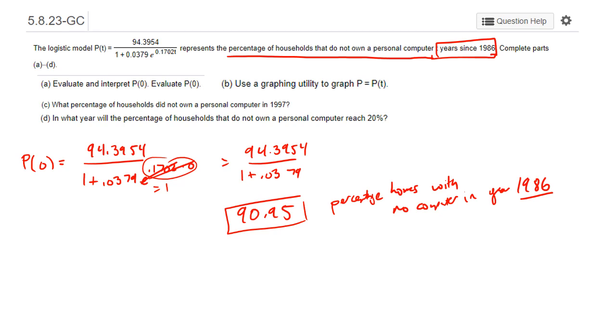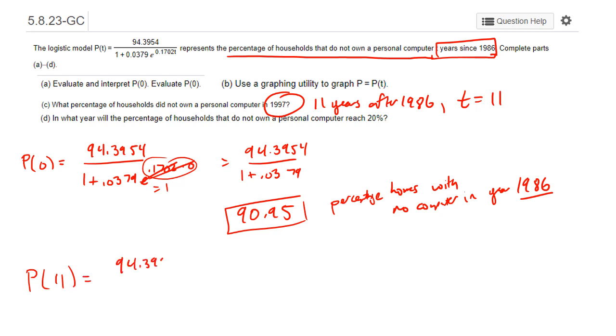What percentage of households did not own a personal computer in 1997? So this is 11 years after 1986. Just by doing 1997 minus 1986, you get 11. In other words, I'm going to let t equal 11. So P of 11 is equal to 94.3954 over 1 plus 0.0379 e to the 0.1702 times 11.